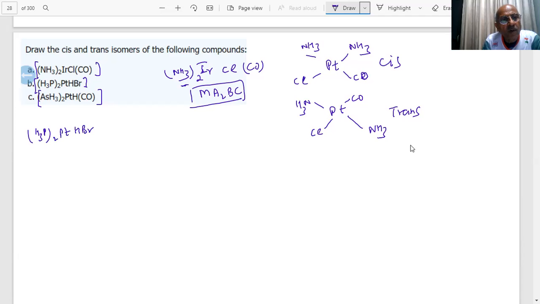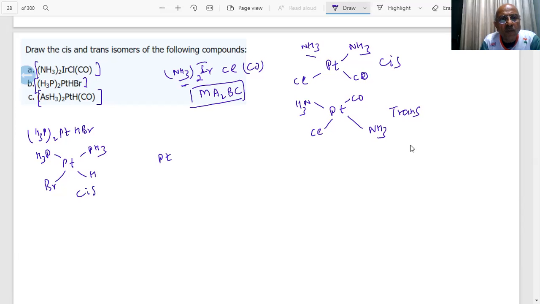So what can we do? Around platinum, when you put PH3 and PH3 adjacent to each other, students, and what is left? H and Br. Put it here or there, it makes no difference because they are the same. This is cis. And if you want to write the trans, what will you do?